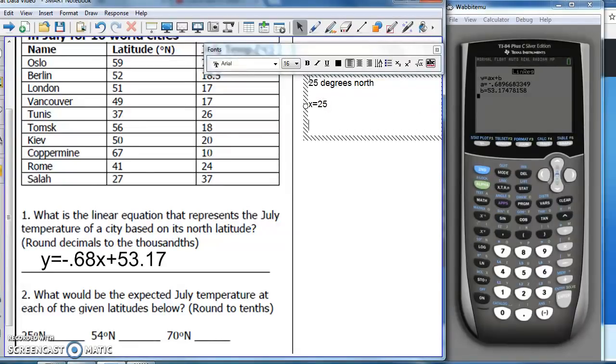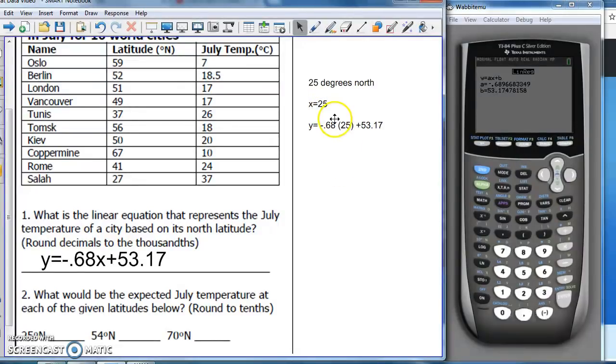So in my equation, we're going to have y equals negative 0.68, but instead of x, we're going to put in 25 because we want to know what the expected temperature is going to be using those numbers.